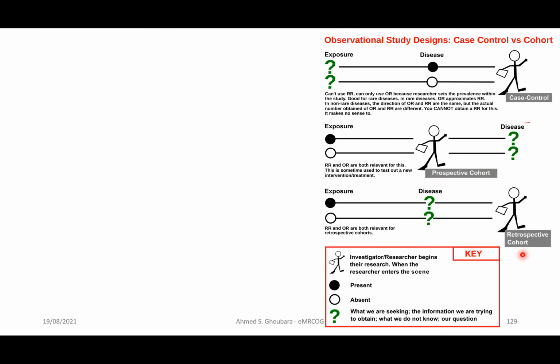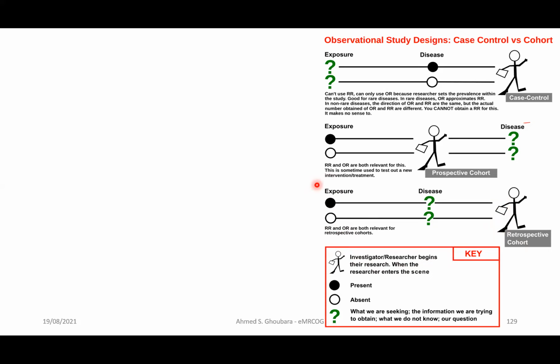Okay, retrospective cohort. We are here today, but we go to the case notes and go all the way back to the beginning of the journey retrospectively. We get some 100 ladies' case notes with HRT users and no HRT users. Then we make contact.